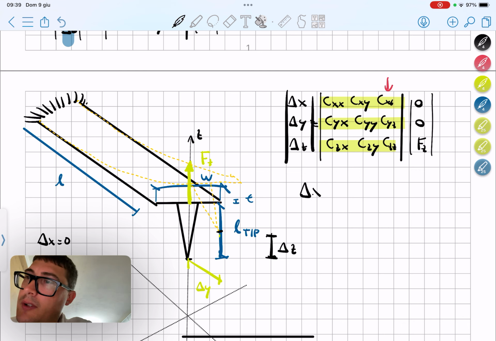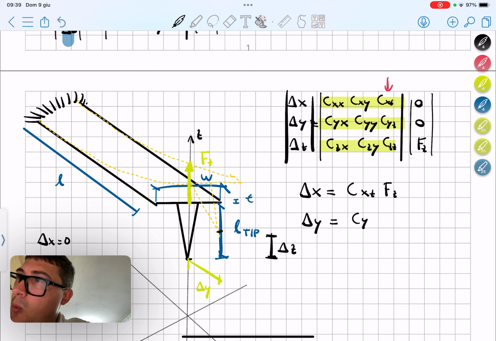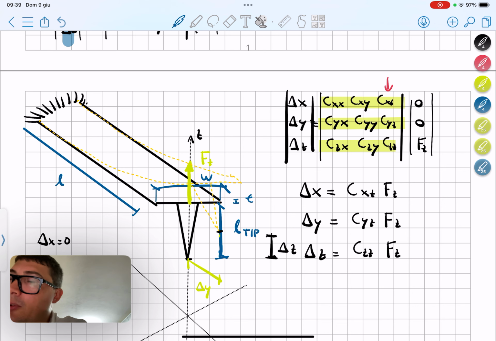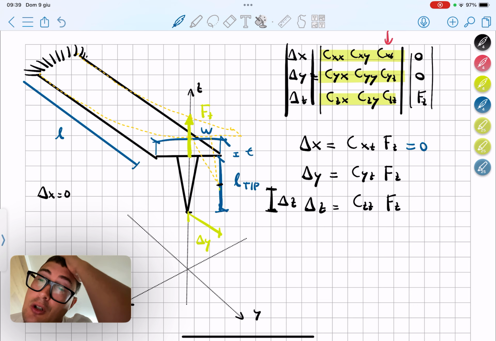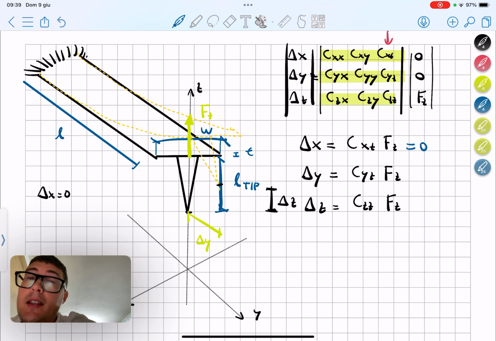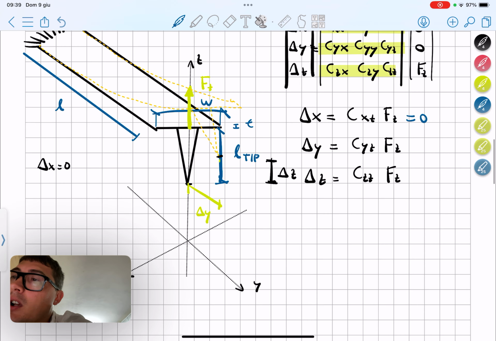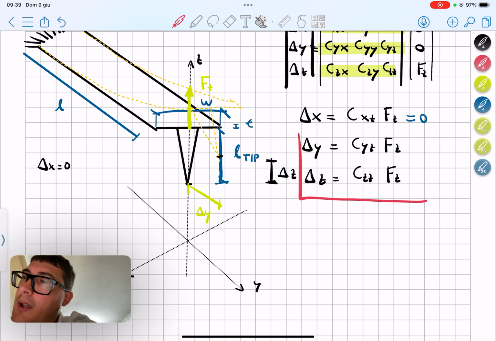Therefore, the set of equations is delta x equals cxz f of z, delta y equals cyz f of z, and delta z equals czz f of z. We have seen that delta x is equal to 0 immediately because the displacement occurs only in the yz plane and nothing in the x direction. So our task here is to solve these other two equations.